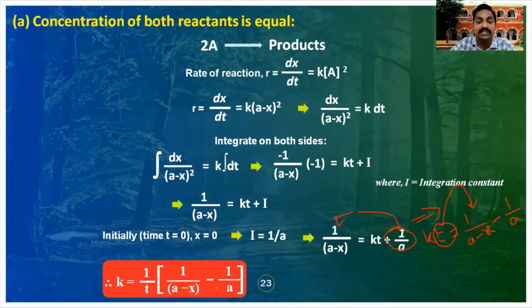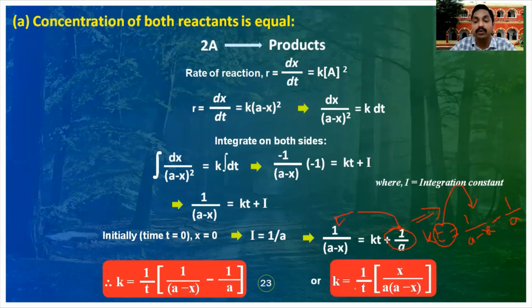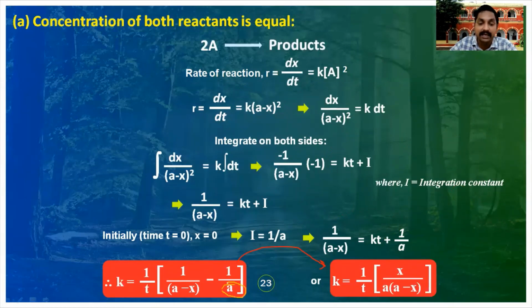So if you take LCM here, we will get k is equal to 1 by t into x by a into a minus x. How? This a will come to numerator here, and a minus x will come to numerator of right hand side. Thus we have got a minus bracket a minus x divided by a into a minus x.